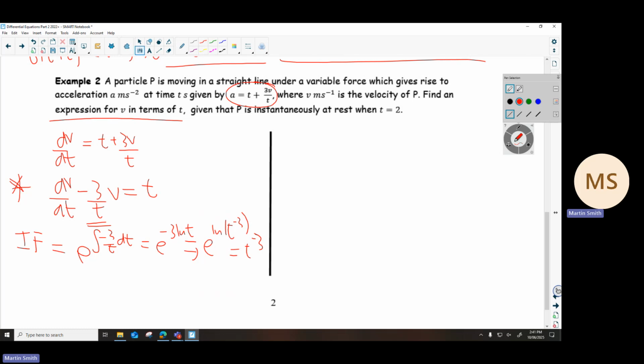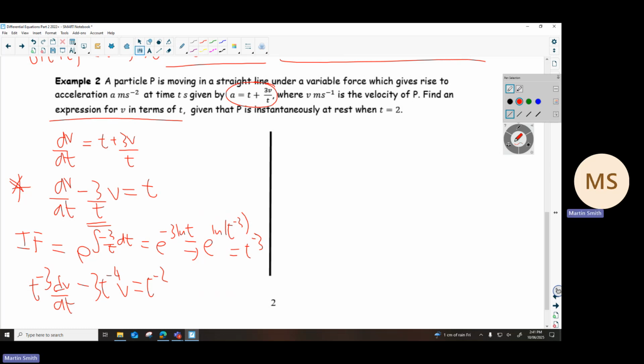And if you do that, you will get t to the minus 3 times dv by dt minus 3 times t to the minus 4 v is equal to t times t to the minus 3, which is t to the minus 2.